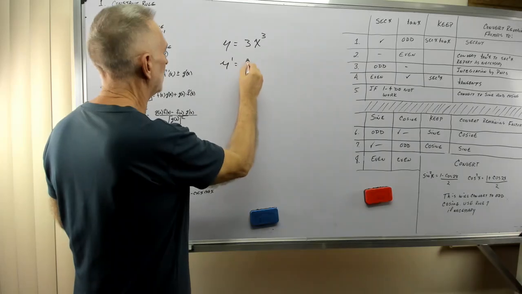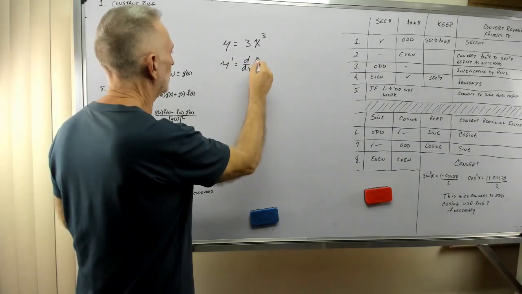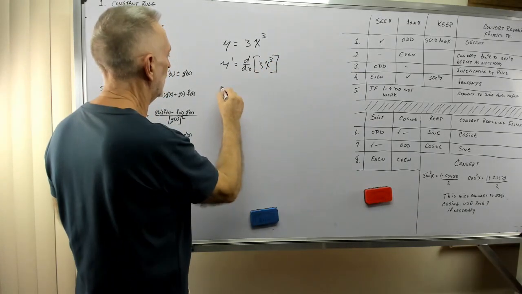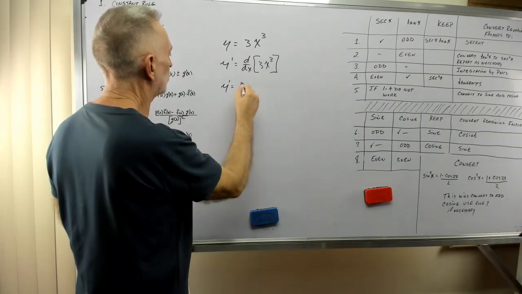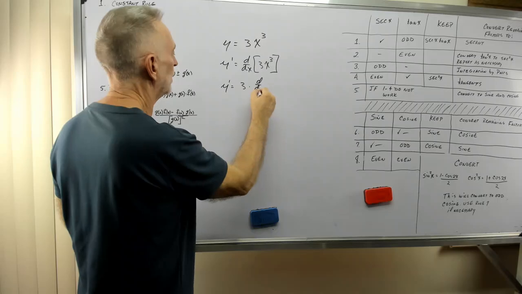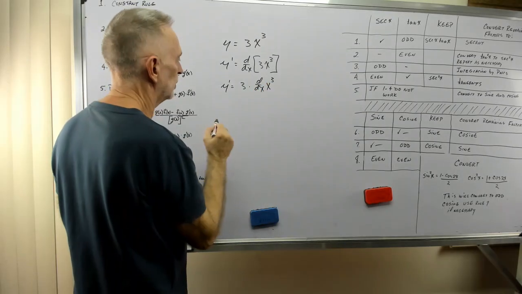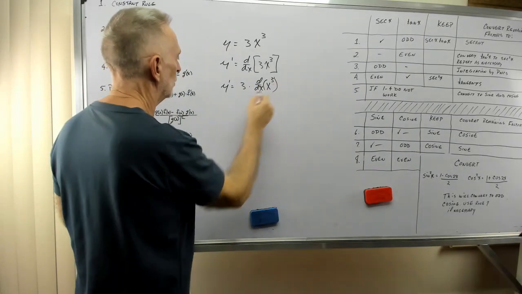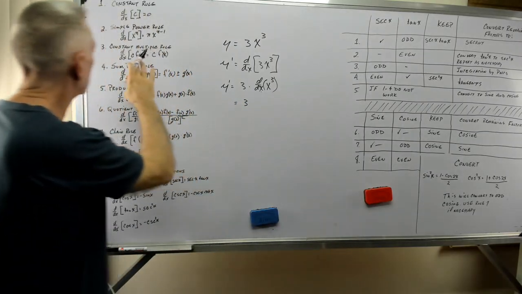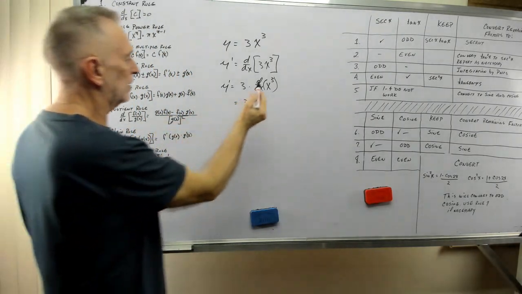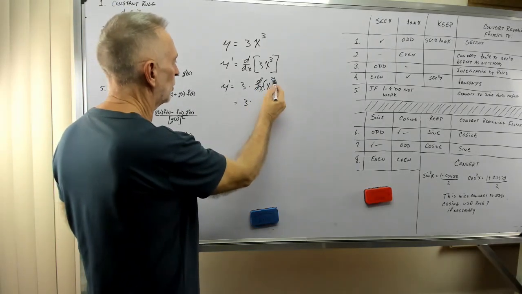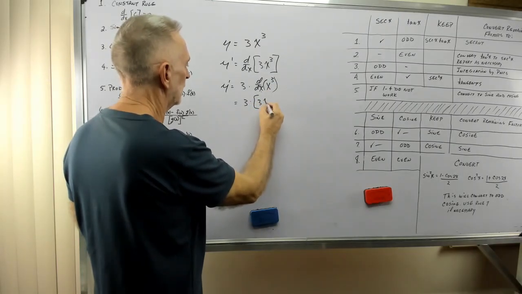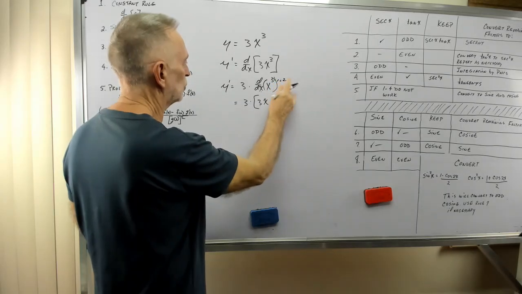So y prime, instead of me saying, well, the derivative of 3x cubed altogether, I can say y prime is 3 times the derivative of the function x cubed. That looks bad, doesn't it? All right. Well, we just used the simple power rule: I'm going to bring the power down, so I'll put that in parentheses here, 3 times x to the 3 minus 1, which is 2.